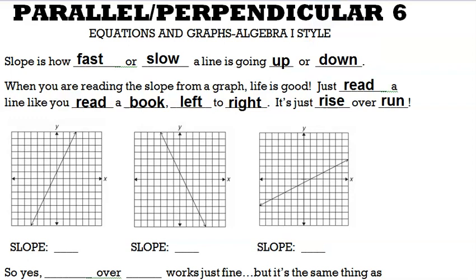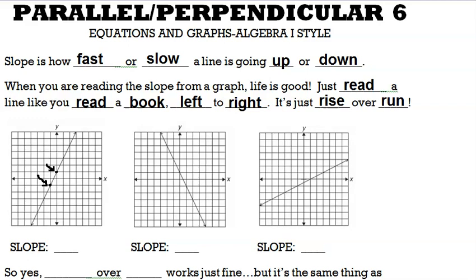Now, when we're talking about looking at a line and finding the slope, you need to just find a couple points that work for you, and it doesn't actually matter which points they are. Like if I were to look at this point right here and this point right here and ask myself what it would take to get from one to the other, first of all, from left to right, this line is going up, meaning the slope is going to be positive.